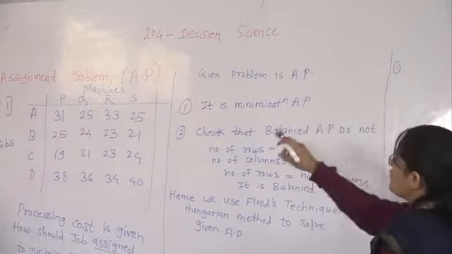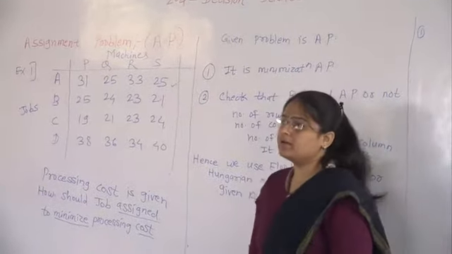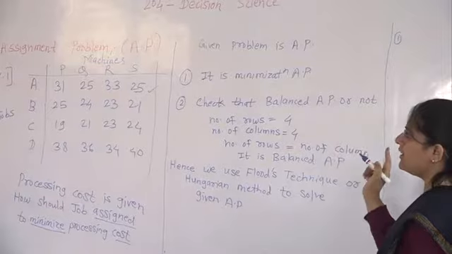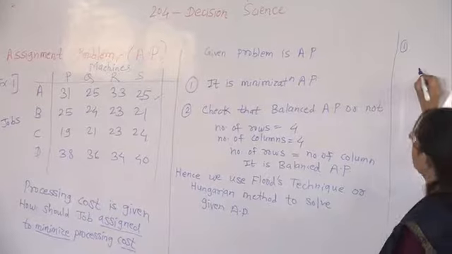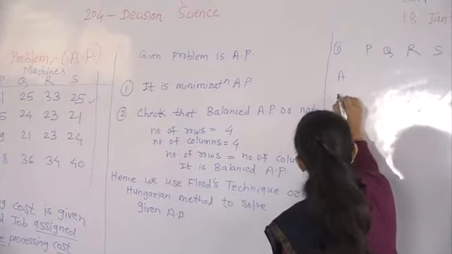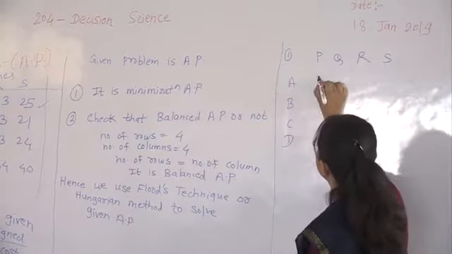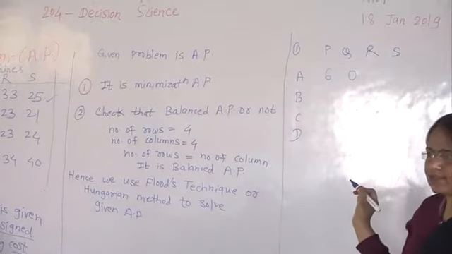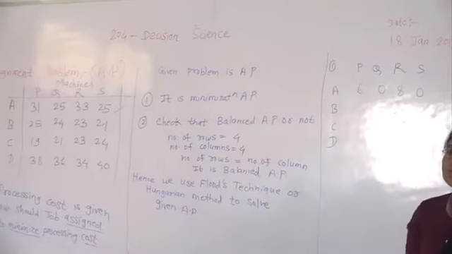Observe the first row. In the first row, which is the minimum element? 25 is the minimum element. So subtract 25 from each element of the first row. 31 minus 25 is 6, 25 minus 25 is 0, 33 minus 25 is 8, 25 minus 25 is 0.